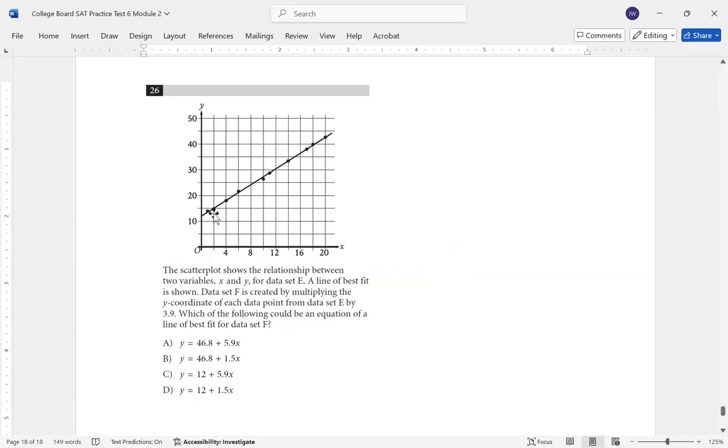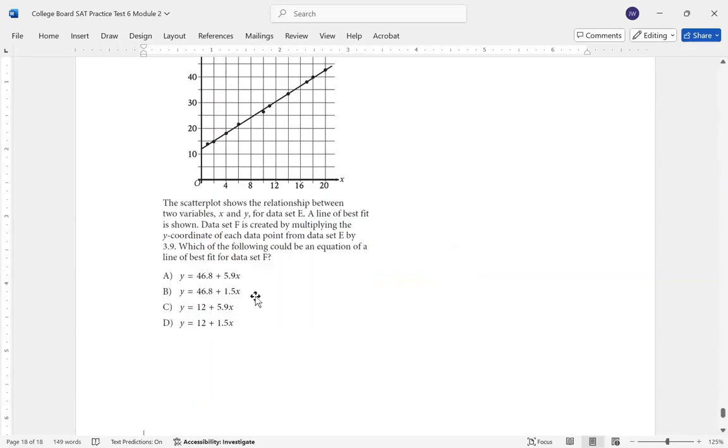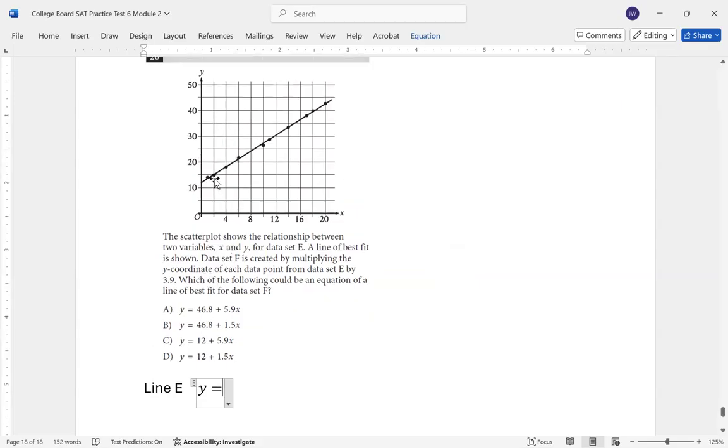So this is the line for E. I'm just going to call that line E. And what we see is line E has positive slope, and it goes through the point 0, about a little over 10, under 15, looks like about 12.